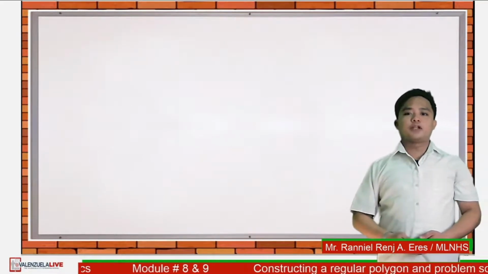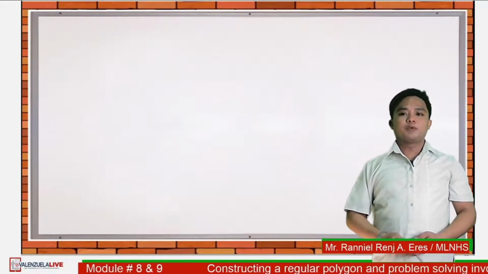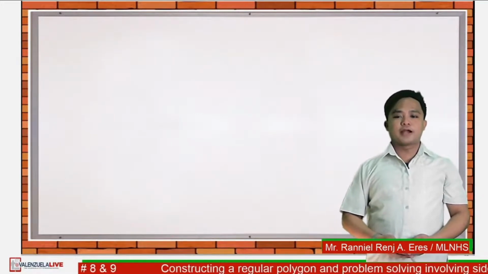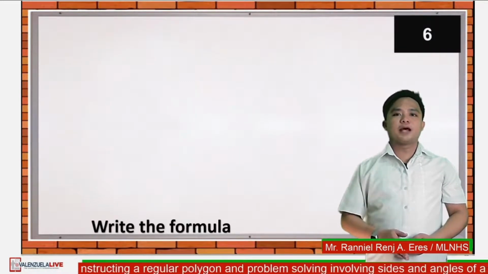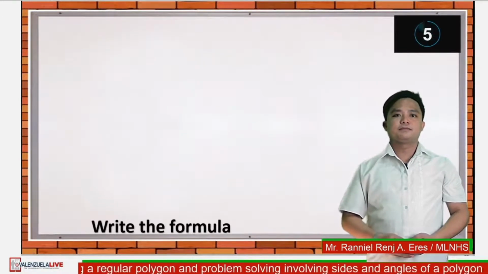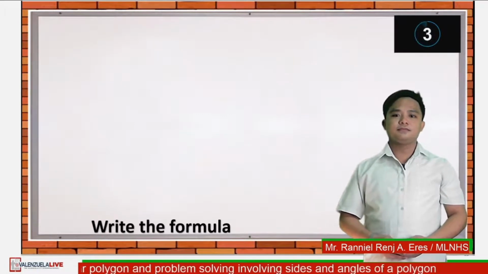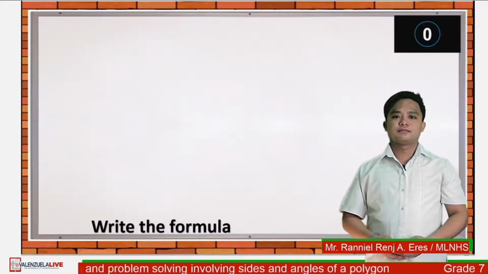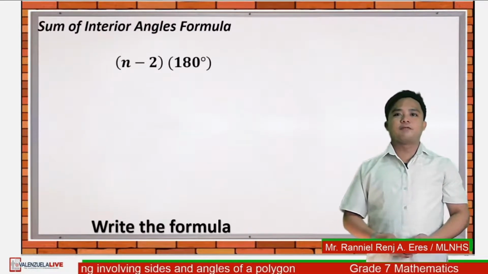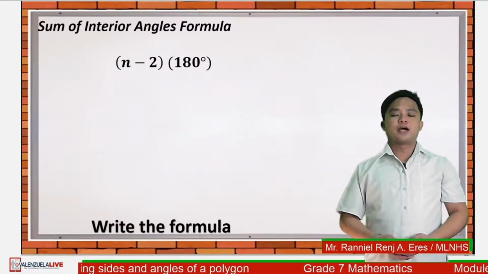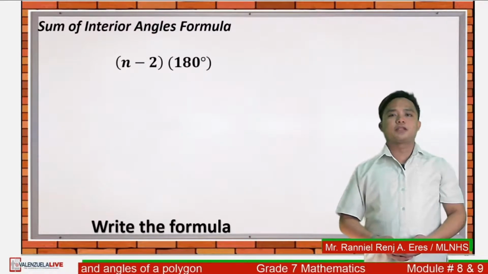Okay, we are looking for the measurement of one angle, but we must know first the sum of all interior angles. So let us write the formula. Kindly write the formula. I will give you 5 seconds. So this is the formula for the sum of interior angles. We have n minus 2 times the quantity 180 degrees.